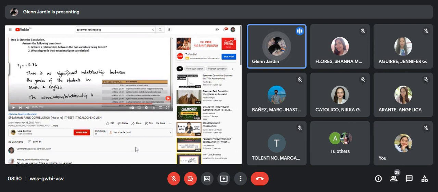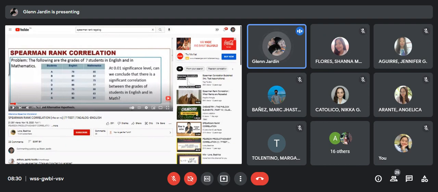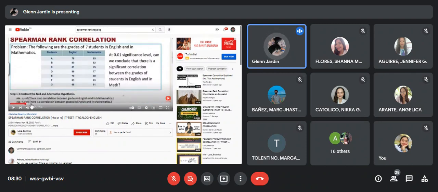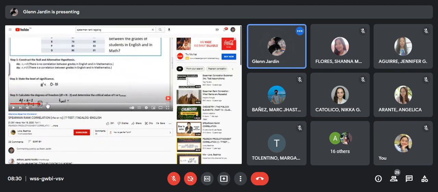Okay, conclusion tayo class. Makita natin yung conclusion ng topic natin. We should recall that the first step in finding the relationship of these two variables using Spearman rank correlation, kailangan muna nating i-state ang ating hypothesis. Then step 2 is the level of significance that is always stated in the problem. Step 3, calculate the degrees of freedom. Always remember that the formula for the degrees of freedom is n minus 2, kasi mahalaga sa pag-determine ng critical value.